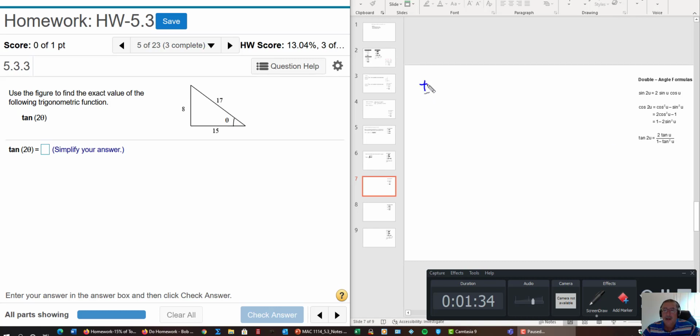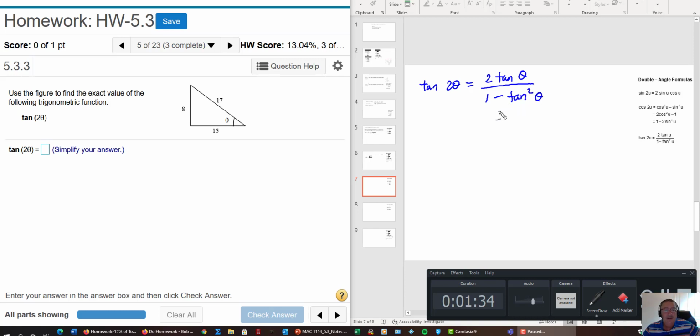So we'll put the tangent of 2 theta. Now remember, this u, the angle could be u, theta, alpha, beta, gamma, all the different angles they put. So these can be easily substituted, x in some cases. So we'll say the tangent of 2 theta is 2 times the tangent of theta divided by 1 minus the tangent squared of theta.